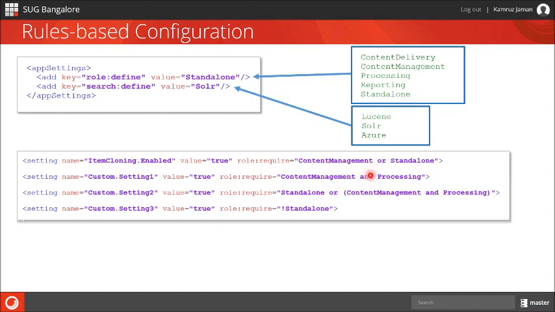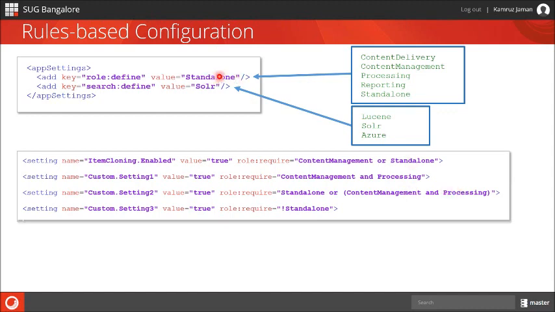There's also an AND operator if you somehow have the need in this particular use case. So in this case, this value would only apply to a content management and processing environment. You can also use grouping. So in this case, you can see these brackets here. So it would apply to standalone environment, or if the environment was tagged up as content management and processing.